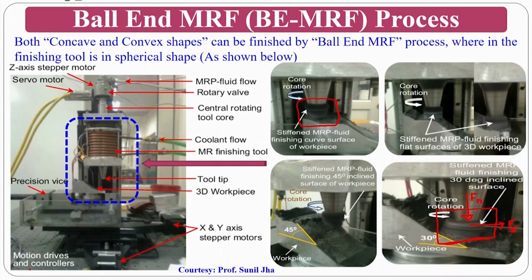This is how you are going to remove or shear the material in the finishing region. You can clearly see how the magnetic field chains are forming before coming in contact with the workpiece. So you can have X, Y and Z motions so that you can finish any type of surface.